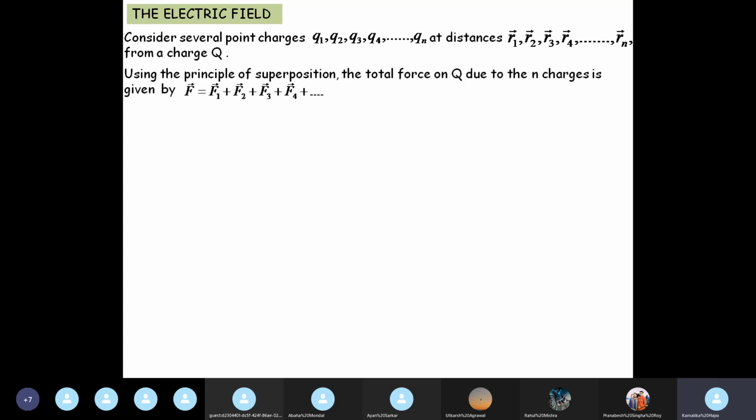Now, if you use the principle of superposition, then the total force on capital Q due to all these n charges is obtained by the vector sum of all the forces due to q1, q2, q3, etc. So F, the total force acting on Q, is obtained by writing down the individual expressions of the forces.